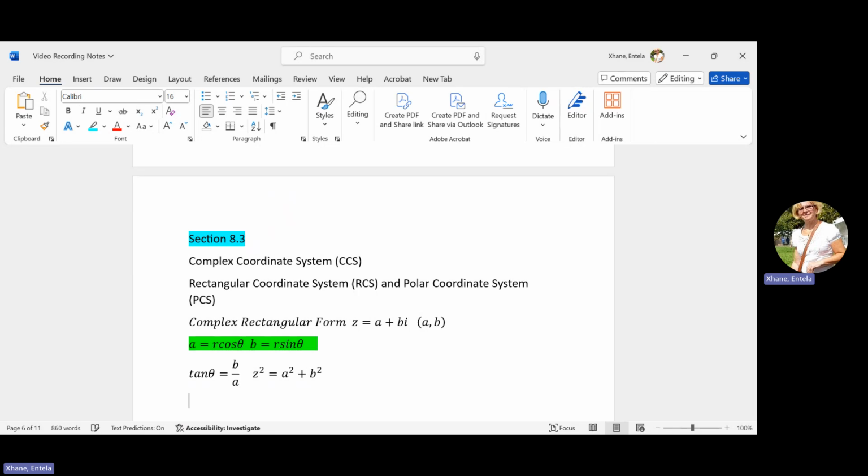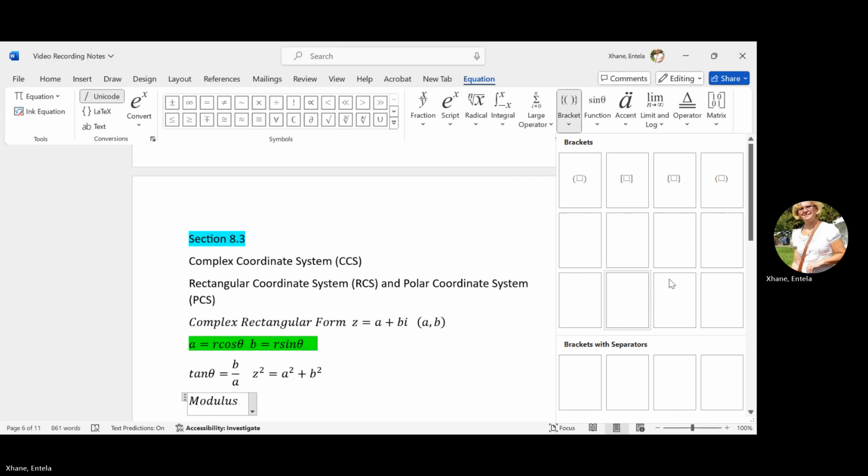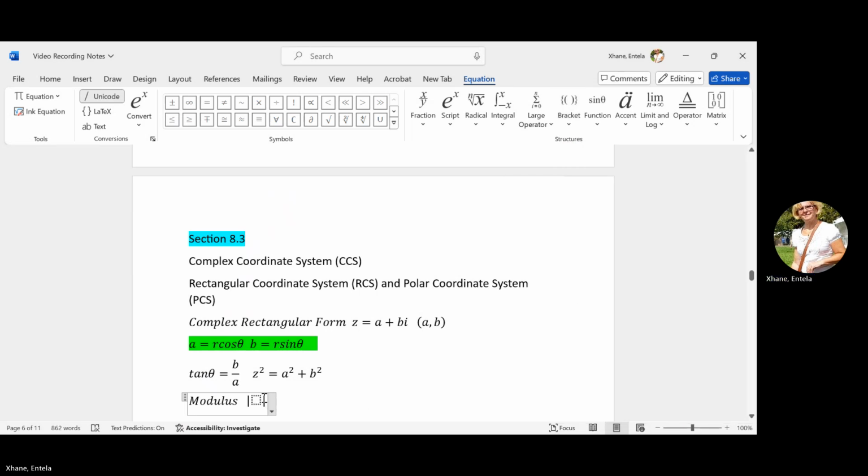When you take the square root of this, A squared plus B squared, to get Z by itself, then you create an important formula that is known as the complex modulus. To make sure that this is going to be positive, we call it the absolute value of Z. That's going to secure Z being positive all the time.